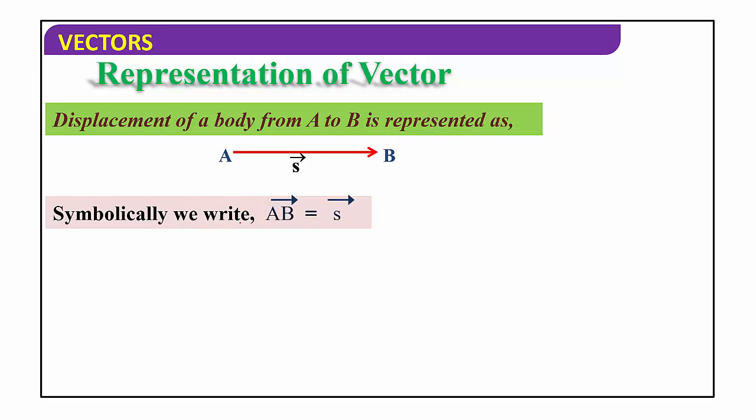Symbolically, how do we write this vector quantity? You can observe, AB with arrow mark is equal to S with arrow mark.